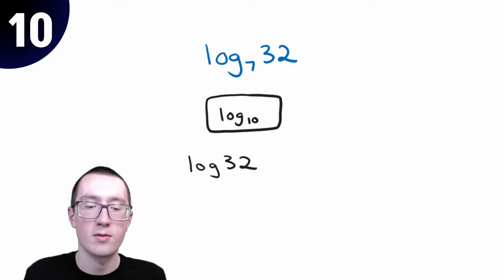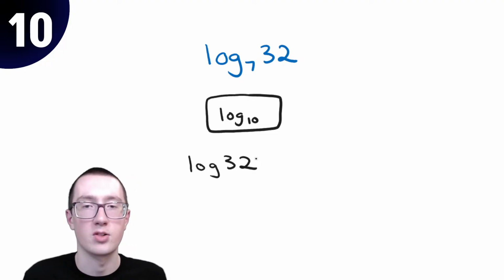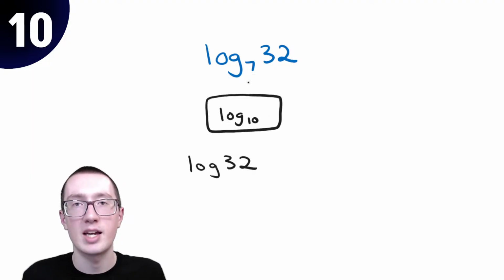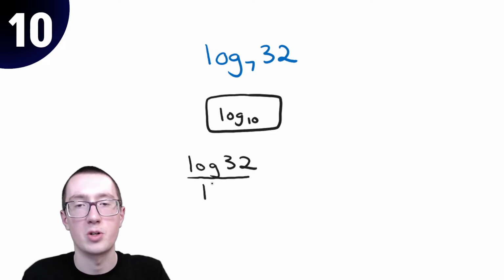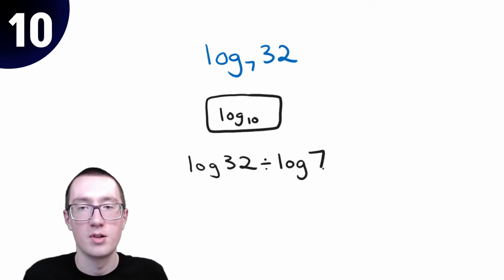But then you have to, wait, will it let me? Okay, it will. With the scientific calculator, it lets you put in multiple things at once. So you're going to take whatever you get for log of 32, but then because it's a different base, you have to divide it by the log of the small number. So you divide it by the log of 7.